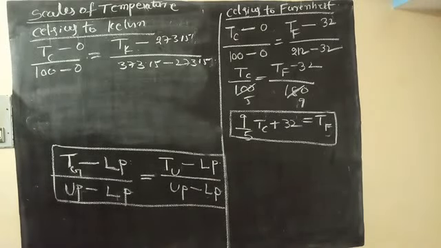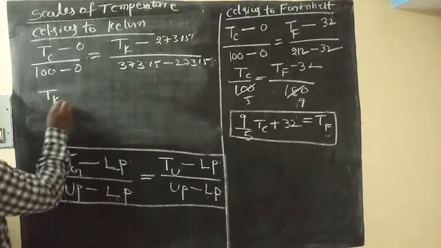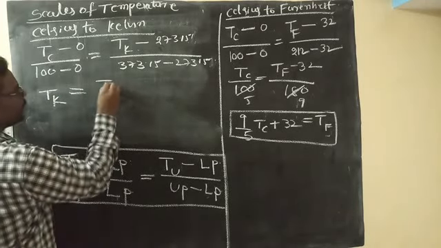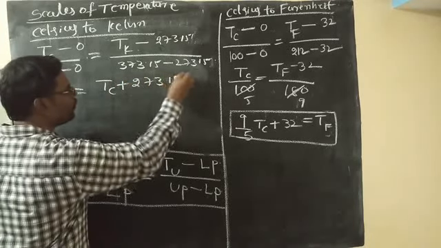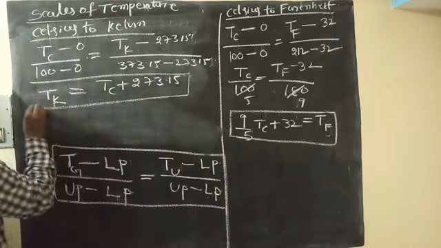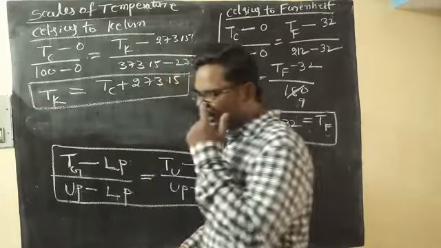So based on this, TK is equal to TC plus 273.15. So that is the value in Kelvin.